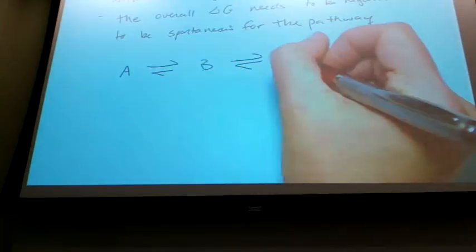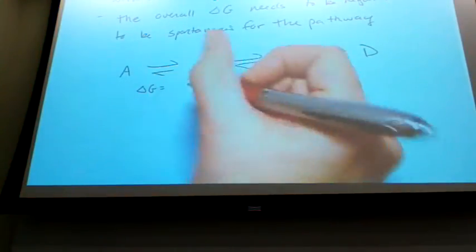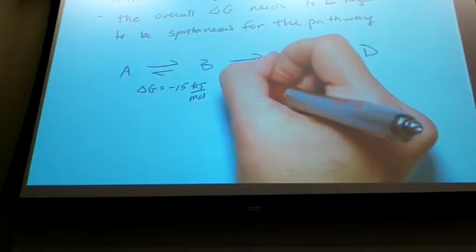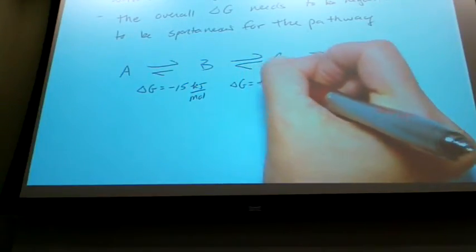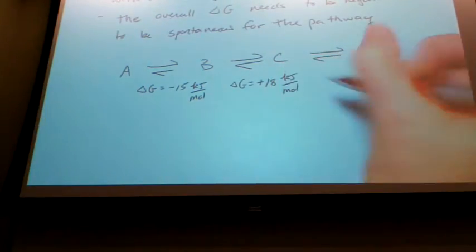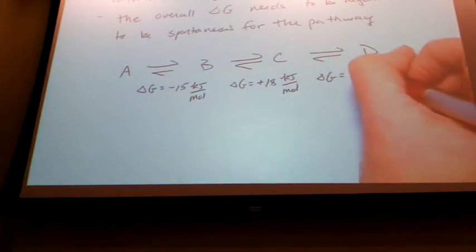Okay, so we're going to see cases where we have more than one step. So we're going to go A to B to C to D, where my free energy change for the first one is maybe negative 15 kilojoules per mole, for the second one it might be a positive 18 kilojoules per mole, and then the last step might be a negative 5 kilojoules per mole.